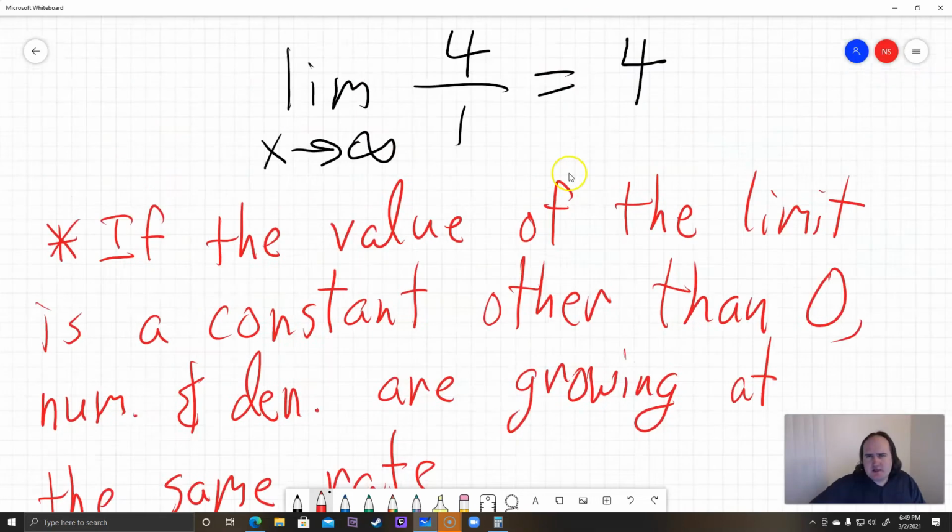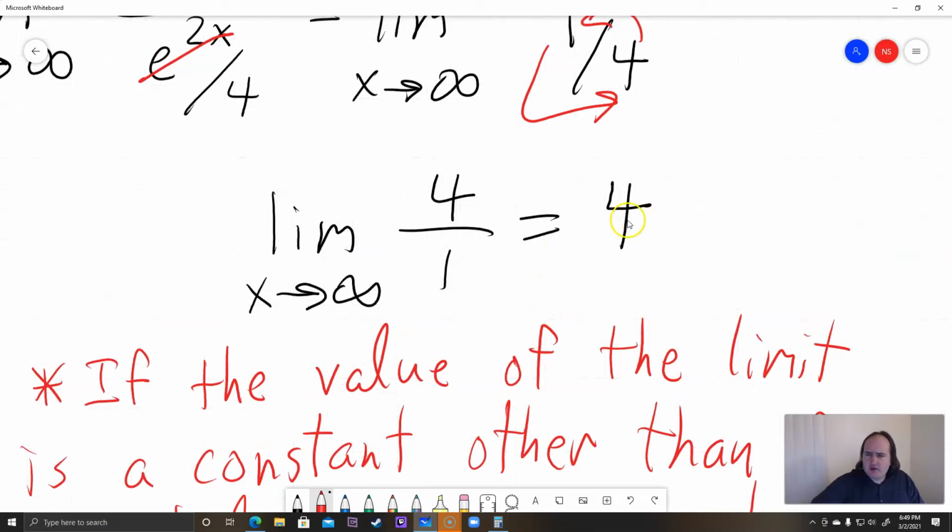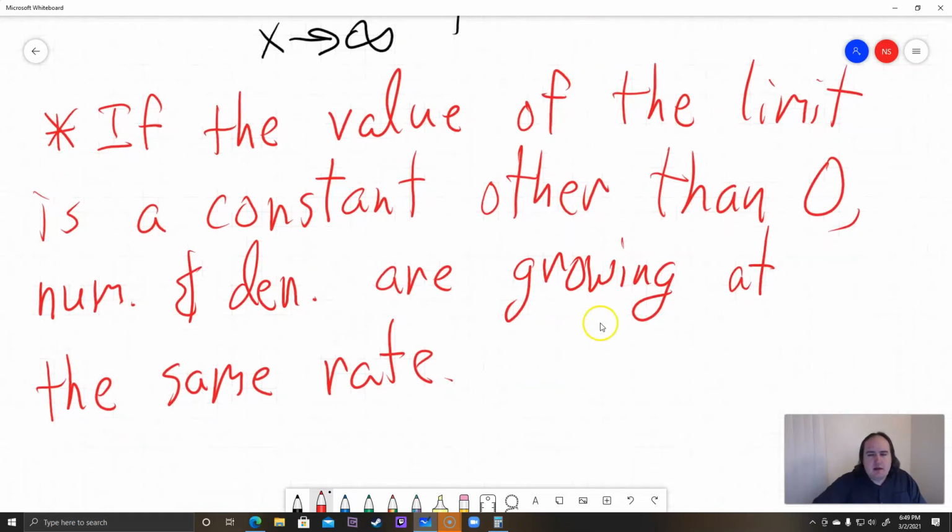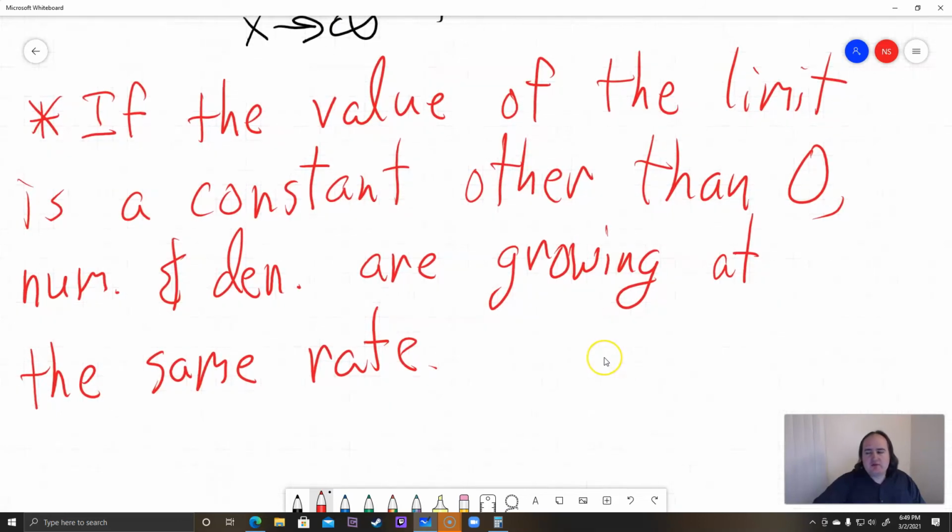I know it's a little strange because you might think, well, since you got 4, doesn't that mean the numerator is growing 4 times as fast as the denominator? And yes, in the short term it means that, but in the long term, the limit as x goes to infinity, if it's just a constant, that technically means that relatively speaking, they're growing at the same rate.